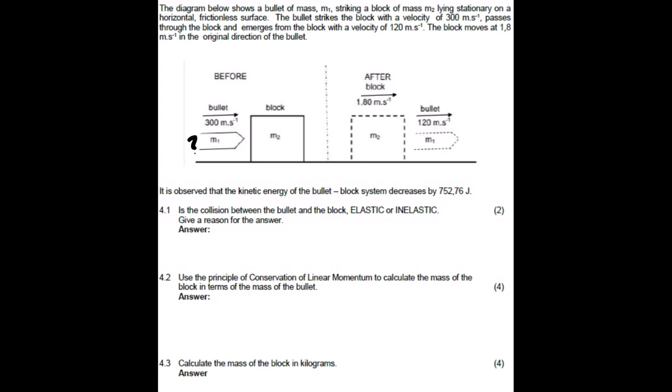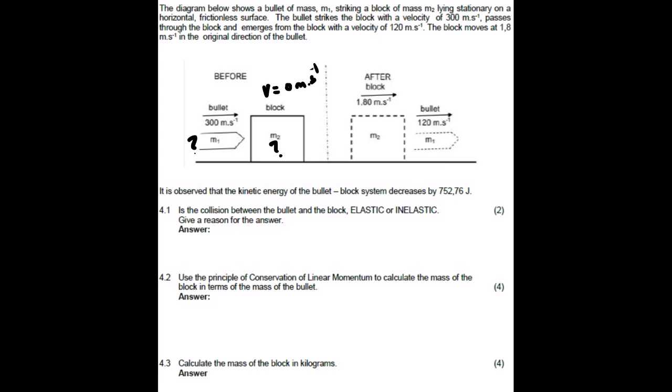Striking a block of mass m2, second mass, it's also not given. Lying stationary. So like I said, just make sure the picture and the scenario, the information, is fully filled on the picture. So we can say the velocity here is 0 meters per second because they say it is stationary. You can see the velocity of the bullet, it's 300 meters per second, but we'll get to that.